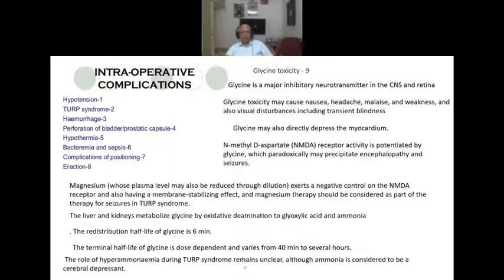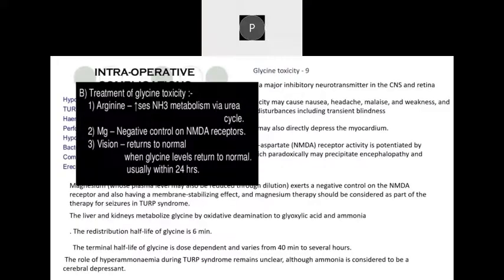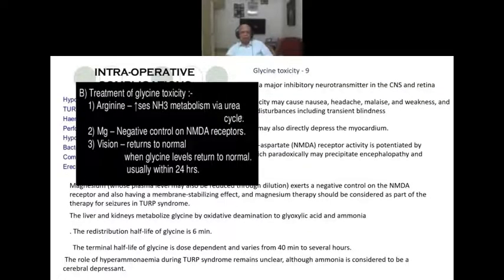The role of hyperammonemia is unclear, though it may be one of the causes for cerebral depression. And what is the treatment for that? Any idea? Arginine. Arginine increases the ammonia metabolic cycle, you can give magnesium to have a negative control on NMDA, and vision will automatically return within 24 hours.